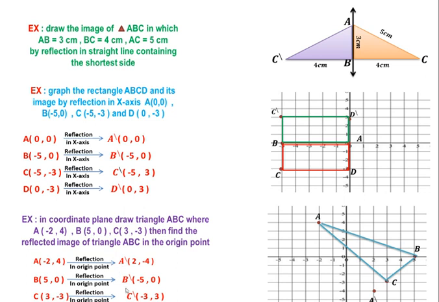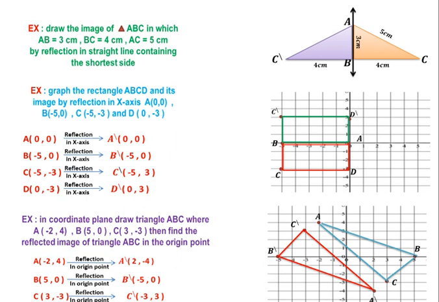A dash is 2, negative 4. The point B dash will be negative 5, 0. Then the point C dash will be negative 3, 3. Join the 3 points, and we get the image of triangle ABC by reflection in the origin point.